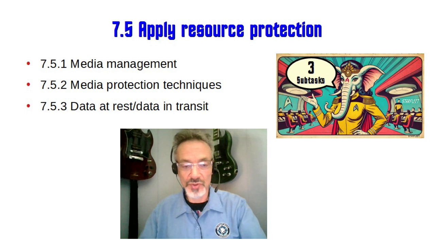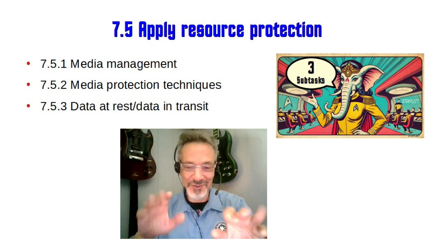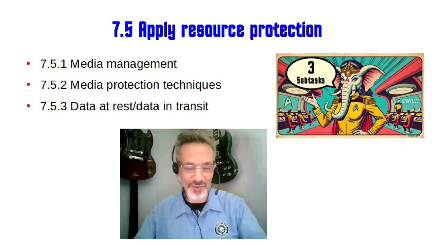These are crucial elements of security operations. It's important to note that these concepts are interconnected, and the way you manage media directly impacts how you protect it. And the encryption of data at rest or in transit relies on the proper access controls in media management. So, we're going to have fun, and again, if I don't go deep enough, you know how to use that prompt at the end.